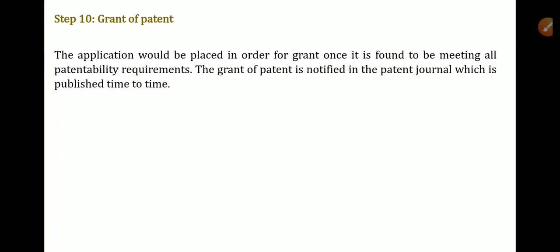So after meeting all the requirements and satisfying the patentability criteria, the patent will be granted to the patent applicant, and the grant of patent is notified in the patent journal. That journal will be published from time to time.